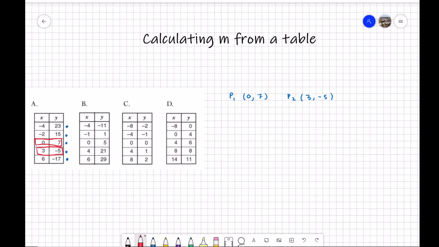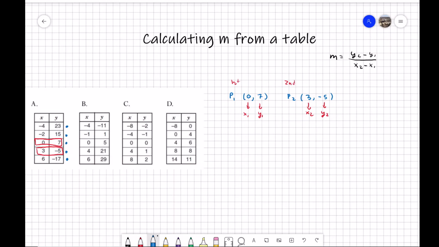Since this is our first point and this is our second point, this is x1, this is y1, this is x2, and this is y2. So now we just apply the formula, which is m equal to y2 minus y1 divided by x2 minus x1.